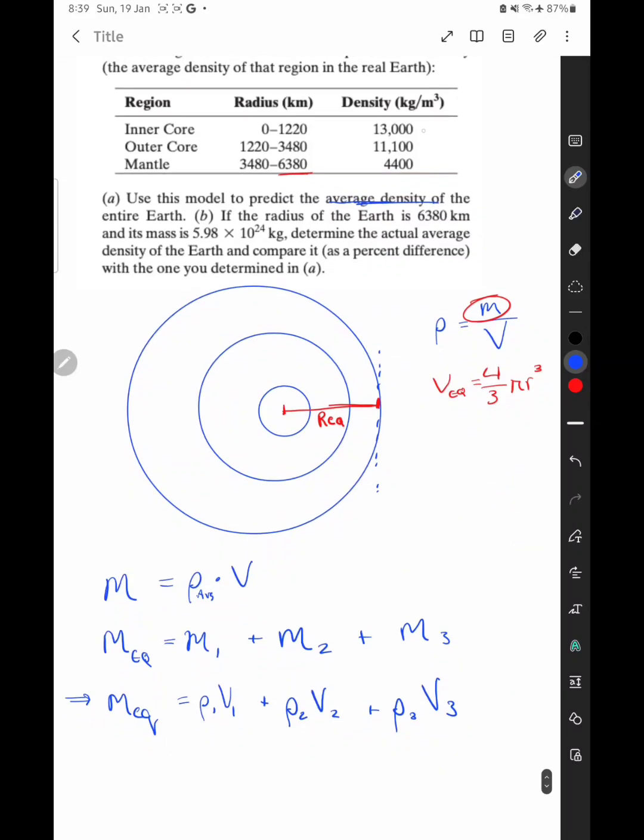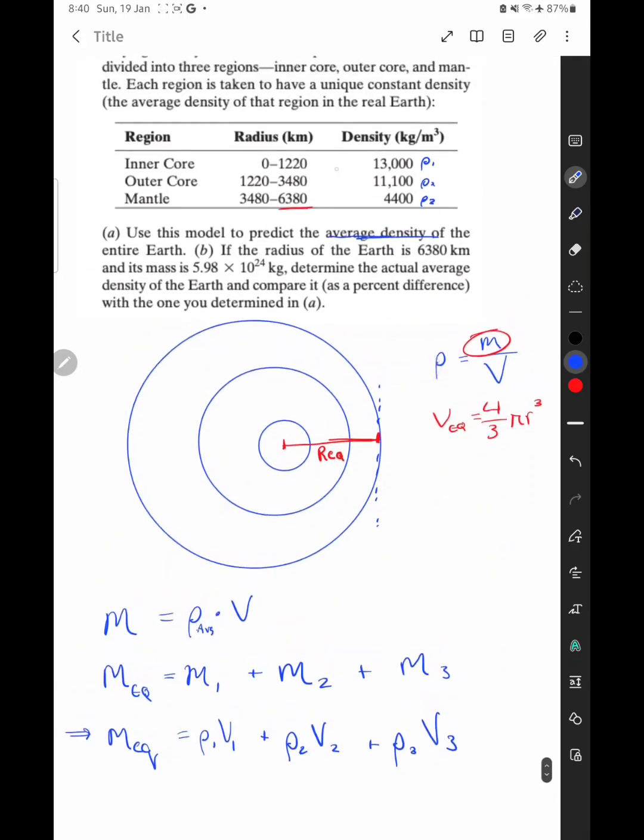First of all, we have our rho 1 here, rho 2, rho 3. But this R here is not V1. This is our radius, alright? We have to break this down a bit more, because this is indeed R1, but this is R2 and this is R1. So this is actually R2 minus R1, and this is R3 minus R2. Alright?